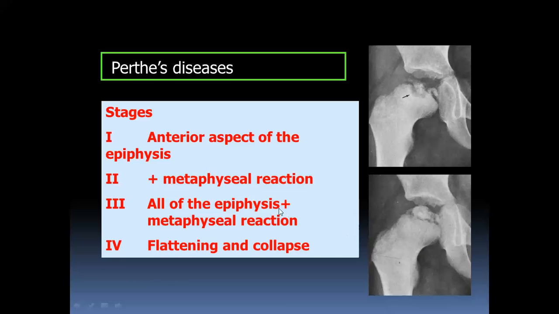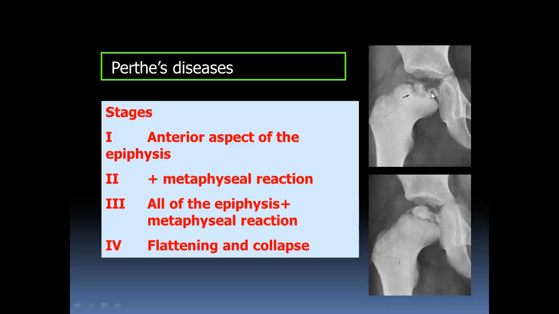And if all of them, it will be 3, and the last is flattening. If we say start sclerosis, start condensation, start flattening, followed by flattening, these are the stages of Perthes disease.